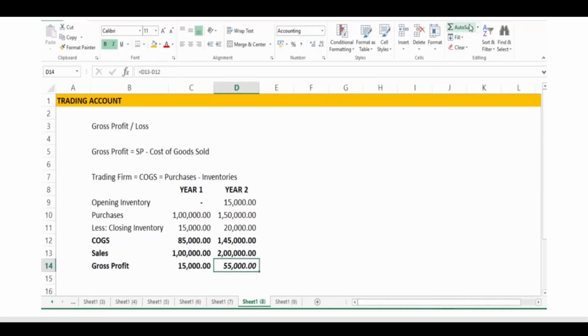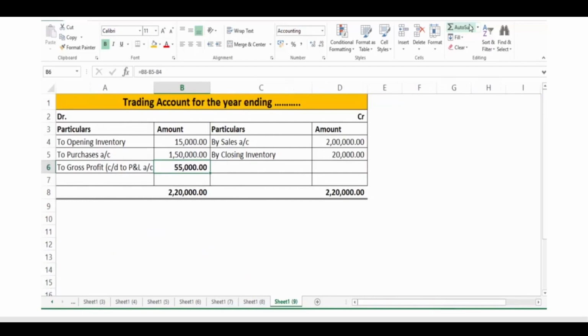So let's summarize. In trading account, on the debit side we write opening inventory. Purchases are also written on the debit side, whereas sales are written on the credit side and closing inventory is written on the credit side. Apart from purchases, if there are any direct expenses, that can also be written on the debit side of the trading account.